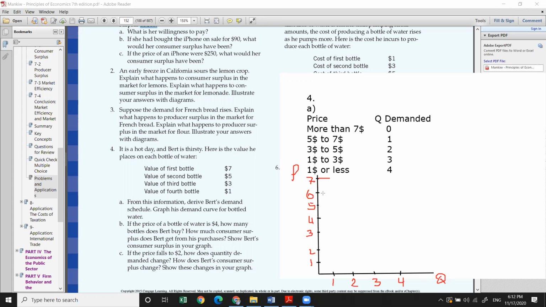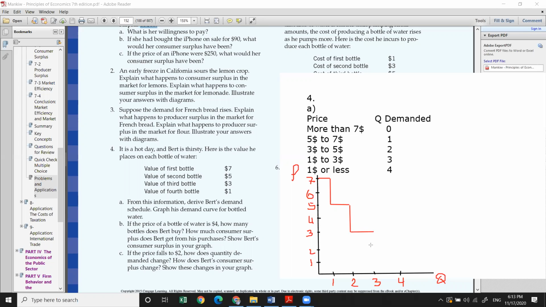Then if it falls to $5, he will buy his second bottle. If it falls to $3, between $3 and $5, he will buy the third bottle, 3 bottles.